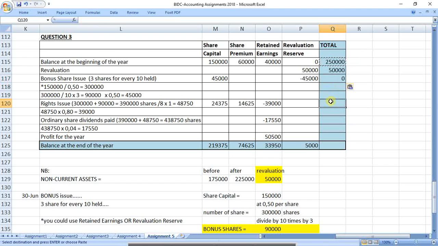So it's basically the total or the sum of the amounts that you've got, for the actual balance. That's the end.